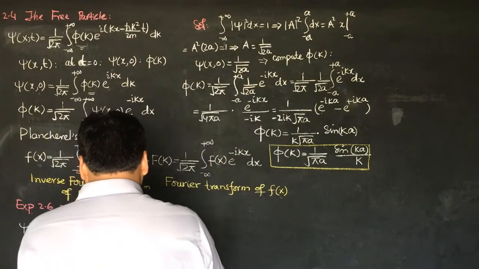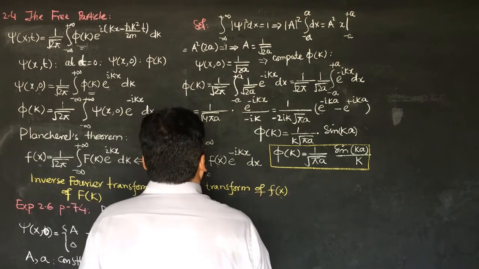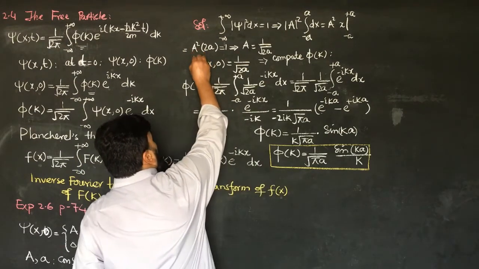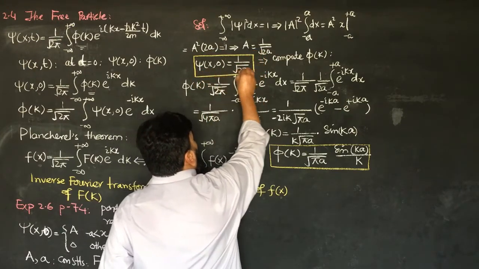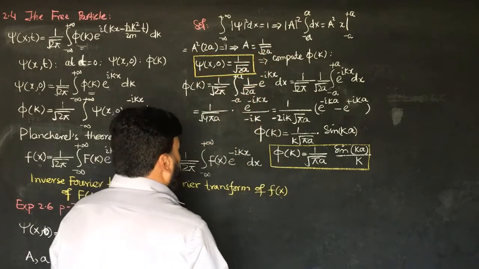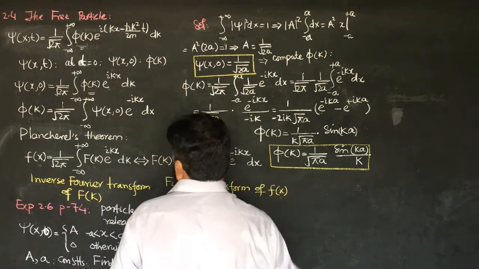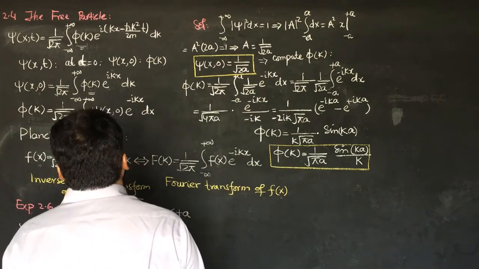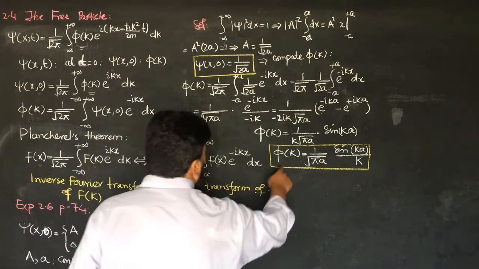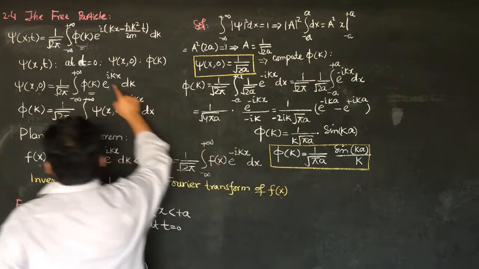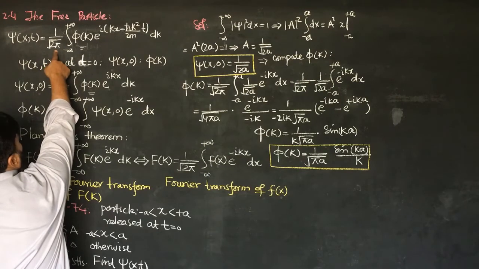So we are having the psi of x,0. Psi of x,0 is this one, while phi of k is equal to this. So from here we can now solve our psi of x,t. So psi of x,t will be equal to 1 over 2 pi.